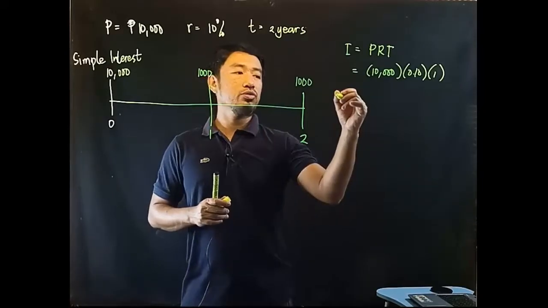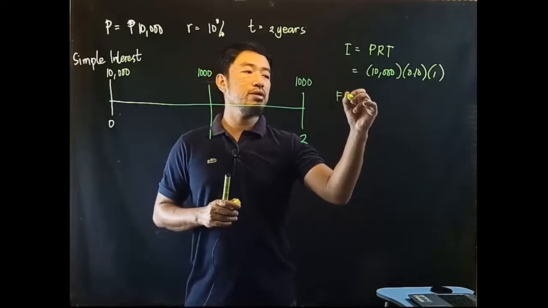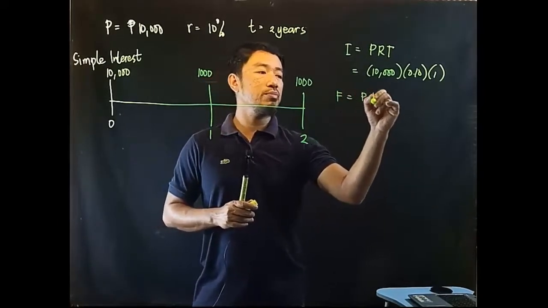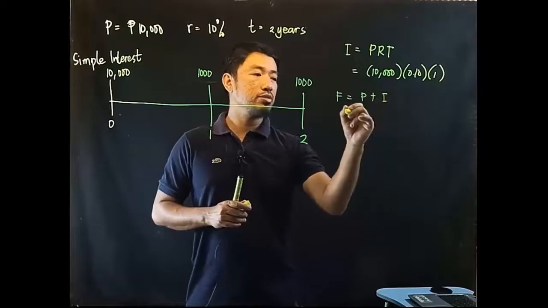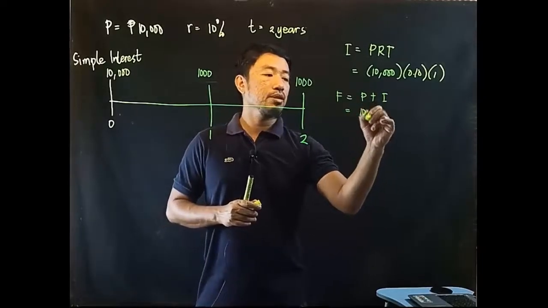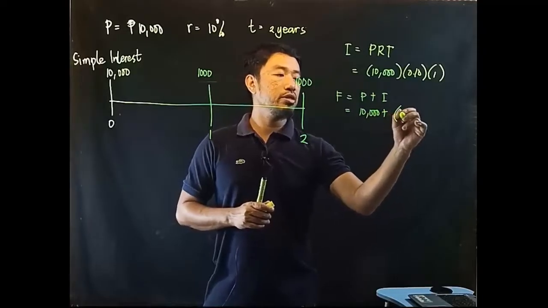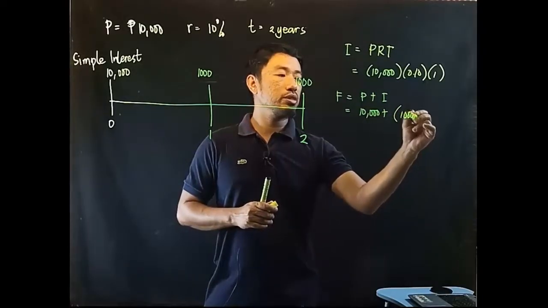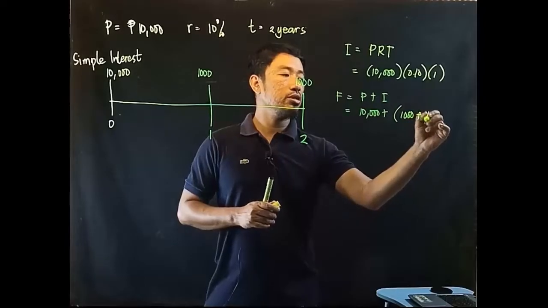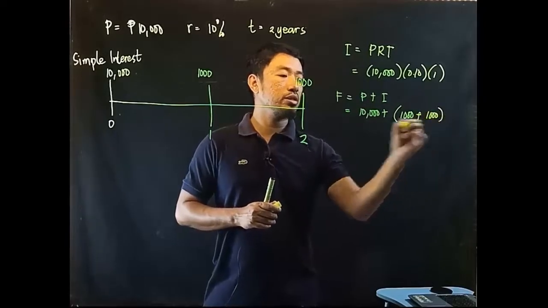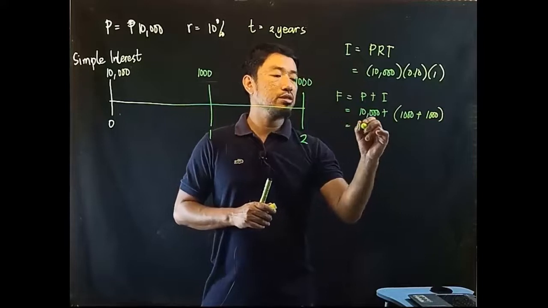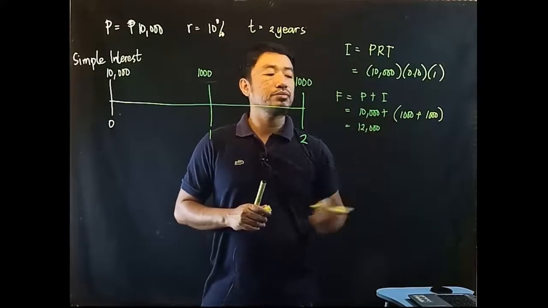So after 2 years, the accumulated amount is equal to the principal plus interest, which is 10,000 plus the interest on the first year, 1,000, and the interest on the second year, which is also 1,000, so the final amount is 12,000.